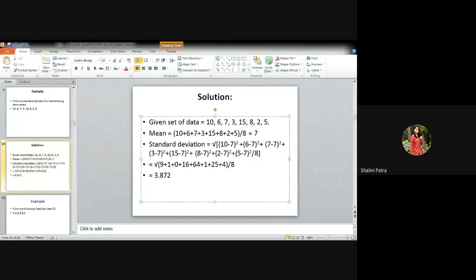What is the value of n here in this particular problem? 8. Value of n, also good. Iti Pragya Nanda?